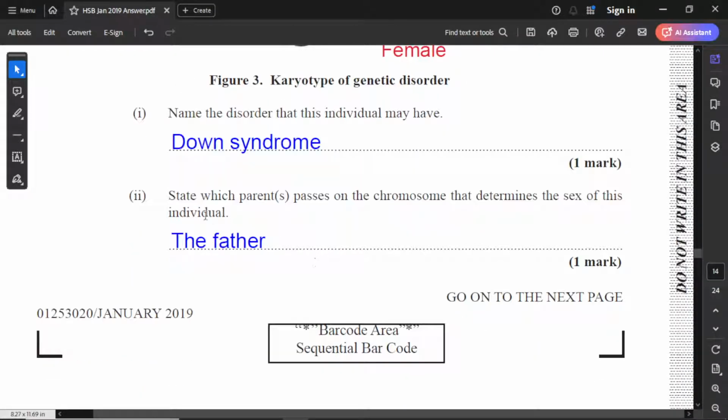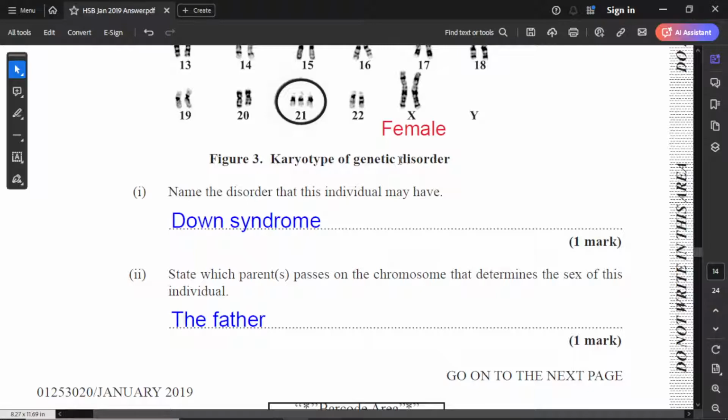Now, part 2 of this question is to state which parent or parents pass on the chromosome that determines the sex of this individual. It doesn't matter what gender the individual is, the father always determines the gender of the child. The reason is that the mother can only give an X chromosome. So there's always a 100% possibility that a child will get an X chromosome from the mother.